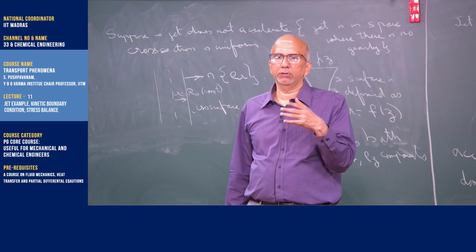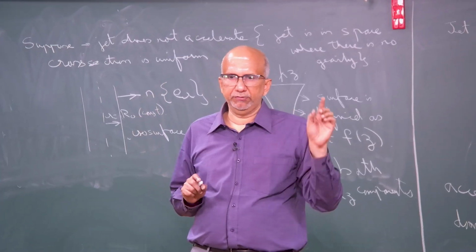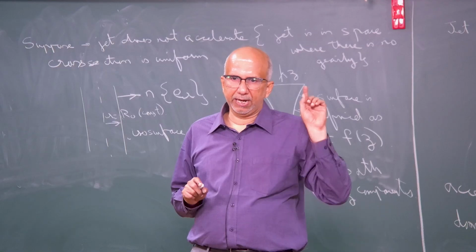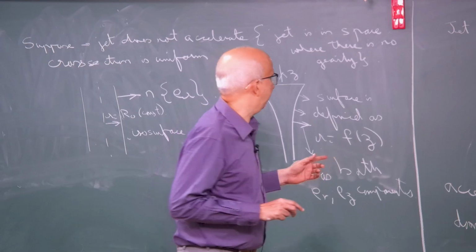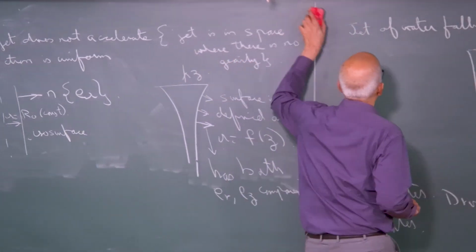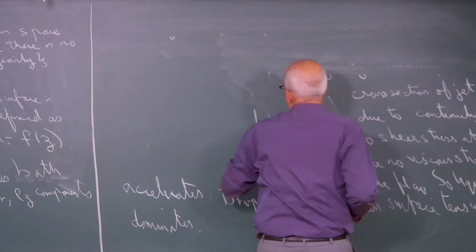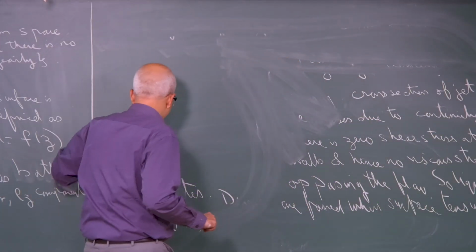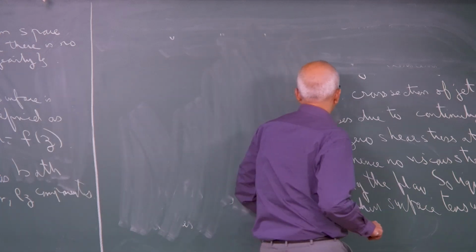So my boundary conditions are formulated physically on the basis of the normal stress and the tangential stress. We need to use n dot t to find the stresses in the tangential and the normal directions.